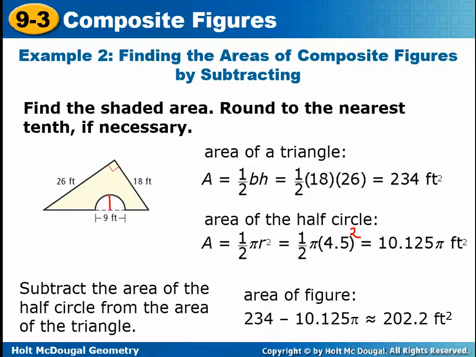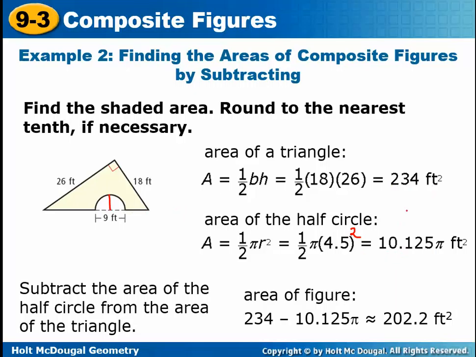So I'm going to check their work there. I don't think they squared it. So 4.5 squared is 20.25. Well, maybe they did. And I'm going to divide that by 2. Yep, that's 10.125. So 10.125 times pi is the area of the circle part.